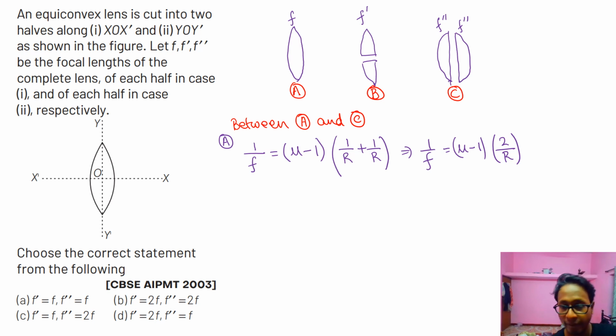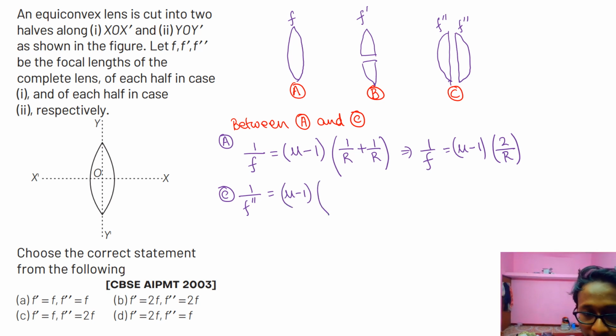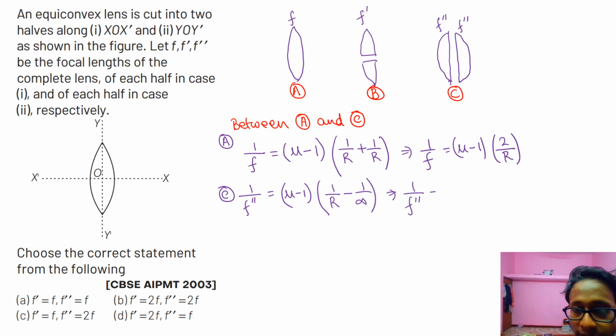For C, 1 by f double dash is mu minus 1 into, what is the radius of this surface? The radius of this surface is nothing but r, so 1 by r. What is the radius of this surface? This surface is nothing but infinity, minus 1 by infinity. So 1 by f double dash is equal to mu minus 1 into 1 by r.